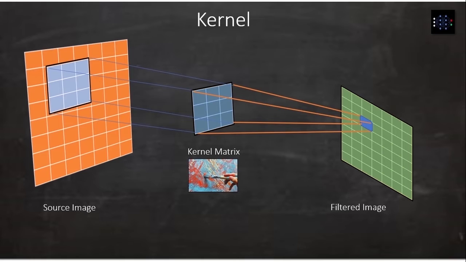But imagine there is a padding of zeros around this image. Once you have that, we apply some kind of function between the values on the kernel matrix and the corresponding points on the image. One can visualize it as a weighted average of the kernel pixels with the image.